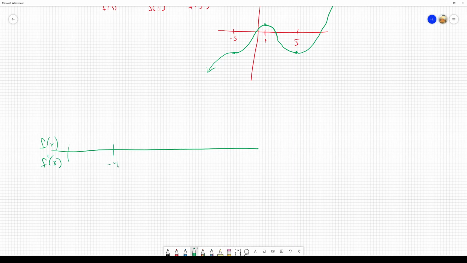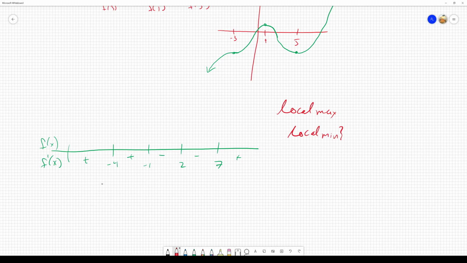And let's say you find the derivative, you figure out its zeros, these are its zeros, and then you figure out that the derivative goes positive, positive, negative, negative, positive. So based on this information, can you tell me where there's a local max and where there's a local min?